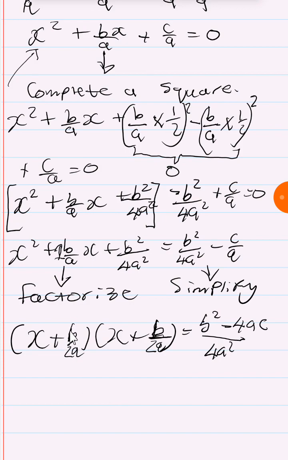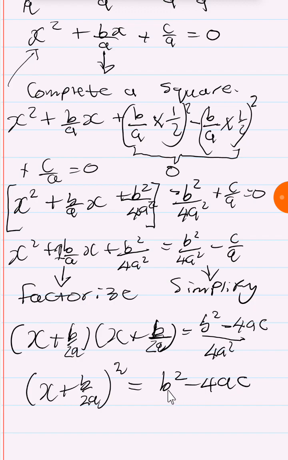So these two expressions are the same, and we can write them as x plus b over 2a all squared equals b squared minus 4ac all over 4a squared.